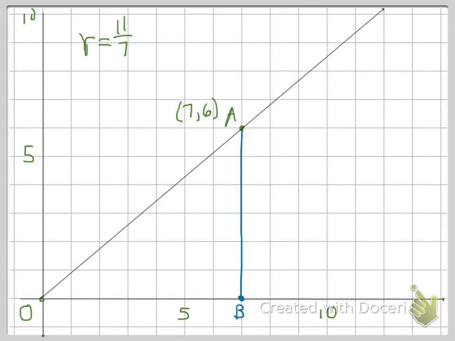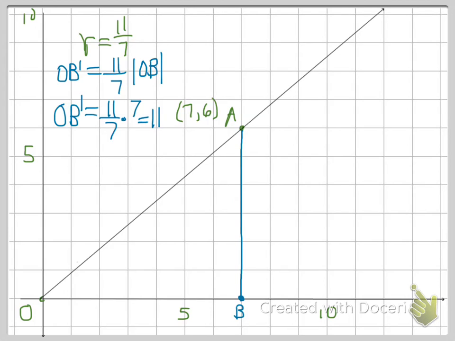So I know that OB prime is going to be the scale factor of 11 sevenths times the distance OB. Okay, so OB prime is 11 sevenths times 7, which is just equal to 11.